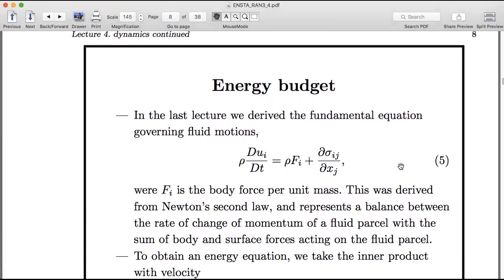First thing we can do, I'm going to use all these things. It's not just for fun. I'm going to use this later today. We're going to be doing energy budgets, and the energy budget is going to allow us to derive Bernoulli's equation, which we're going to use to get Betz's law, and then we're going to look at a momentum balance.